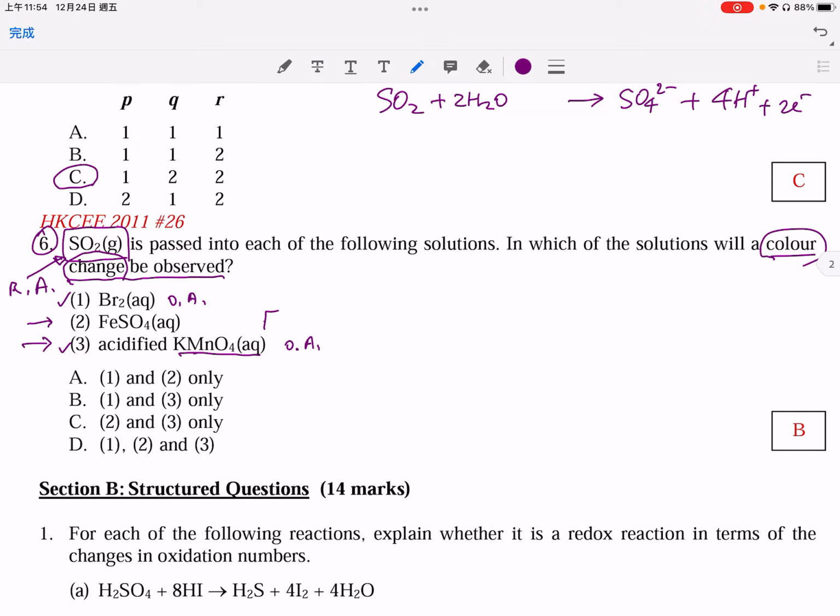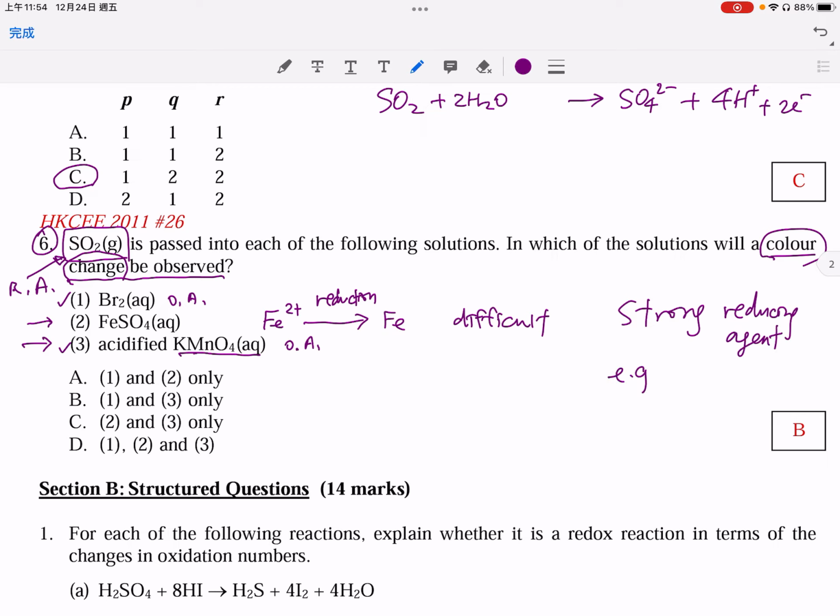Fe2+ is of course green, but when it is mixed with a reducing agent, if the reducing agent can reduce it, it becomes Fe. However, you need to know that this reduction from Fe2+ to Fe is a bit difficult to occur because a strong reducing agent is needed.